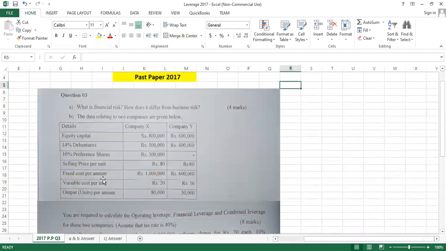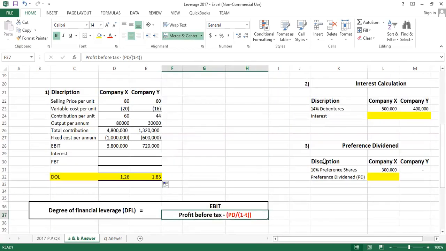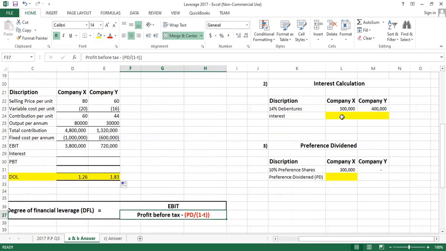In this question, they gave the 14% debentures: company X 500,000, company Y 400,000. This is the debt capital. So we can calculate the interest for this debt capital, 500,000 and 400,000.